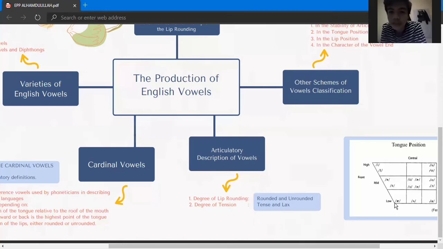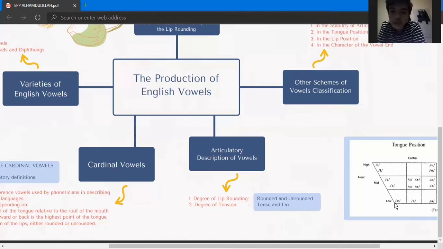Additional articulatory features describing vowel articulation are wide and narrow, tense or fortis, and lax or lenis.